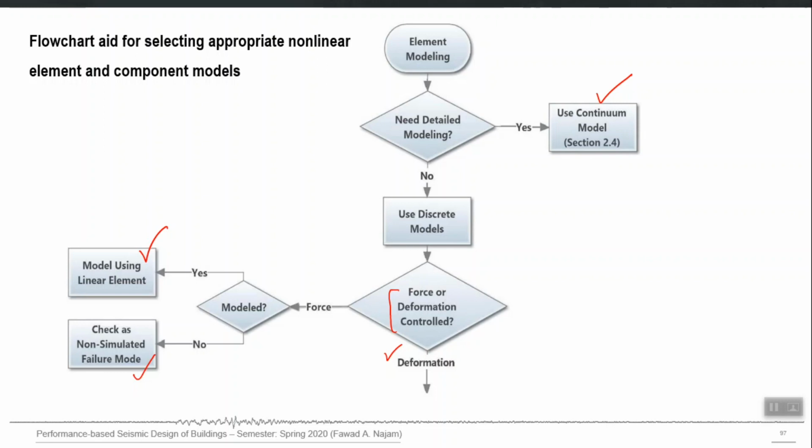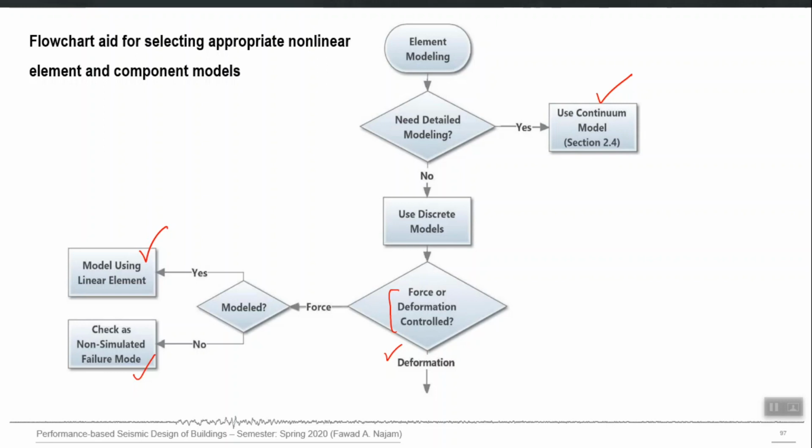Now I have two options. Either I explicitly assume shear action versus shear deformation as nonlinear and define a shear hinge, right? It can be a linear hinge or a nonlinear hinge, right? But shear behavior I include explicitly in the form of a hinge.